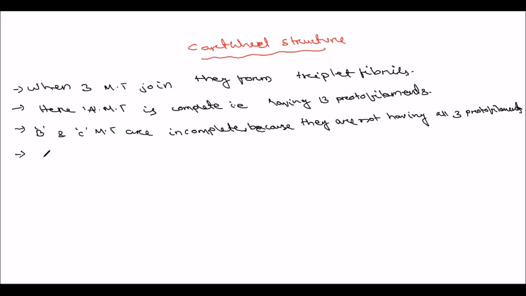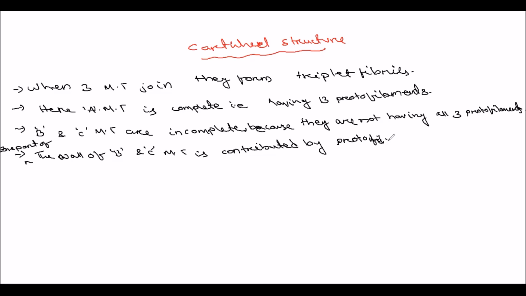Okay, some part of the wall of the B and C microtubules is contributed by protofilaments of their preceding microtubule.